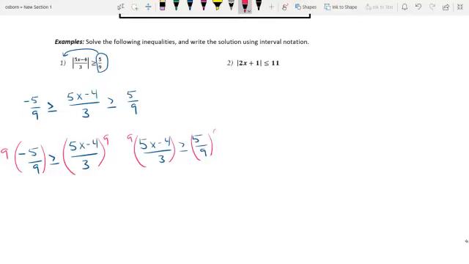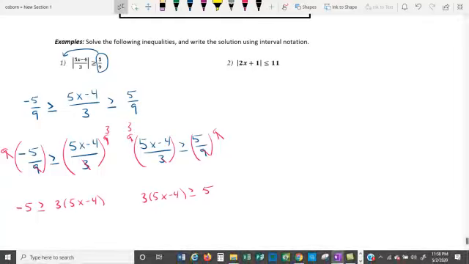And this just lets me clear my fraction. So these 9's cancel out. 3 goes into 9 3 times. 3 goes into 9 3 times. And these cancel out. So it just lets me get rid of my fractions. So I've got negative 5 is greater than or equal to 3 times 5x minus 4. And I've got 3 times 5x minus 4 is greater than or equal to 5.